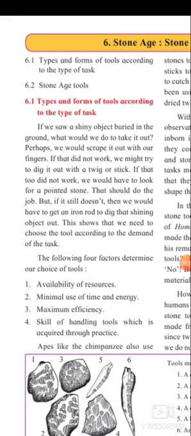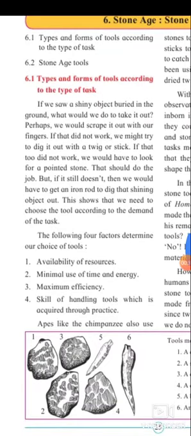If we saw a shiny object buried in the ground, what would we do to take it out? Perhaps we would scrape it out with our fingers. If that did not work, we might try to dig it out with a twig or stick.